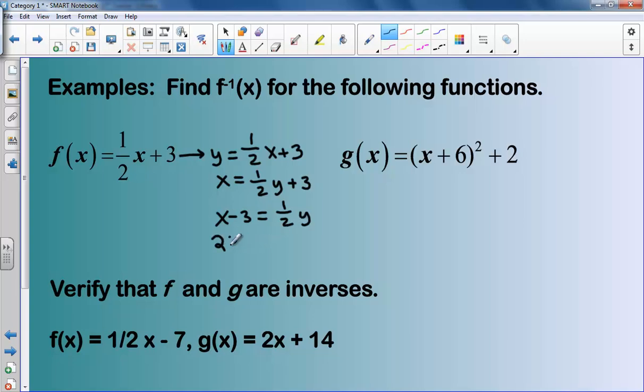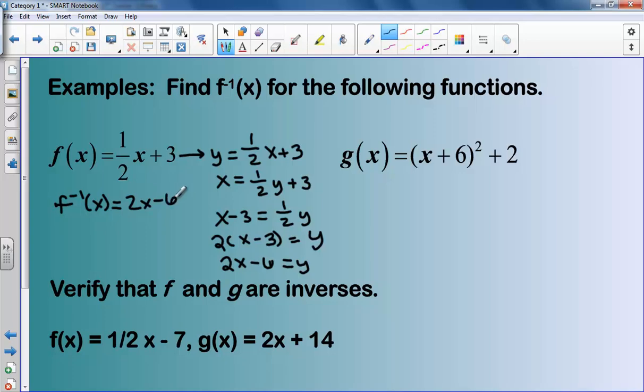So I'm going to multiply by 2 here, which is going to cancel so that I have 1y. And then I can distribute, so I get 2x minus 6 is equal to y. And so the inverse of this, f negative 1 of x, would be 2x minus 6.